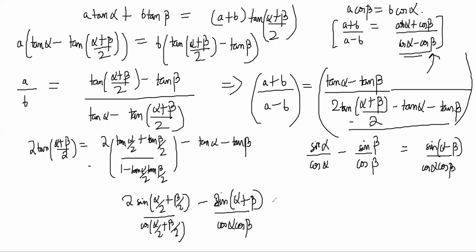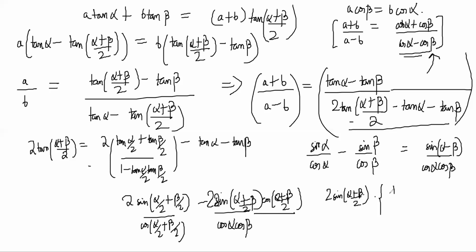Yes, we got it. Nice. So this becomes 2 sin of (alpha plus beta) by 2 into cos of (alpha plus beta) by 2, right? Now this 2 sin of (alpha plus beta) by 2 is common.